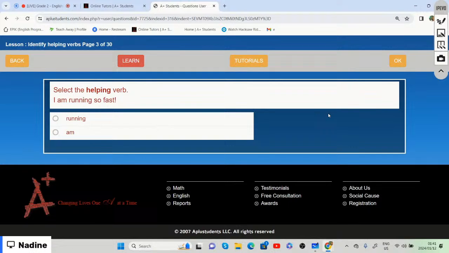And if we select the helping verb within the sentence, I am running so fast, the helping verb is am, and the main verb is running.